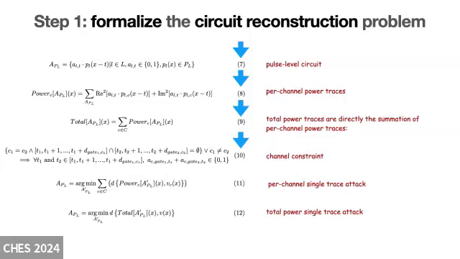This is going to be important when we encode the problem from a given trace. The goal of the per channel attacker is to find the circuit from the set of all circuits that minimizes the distance between the power trace of this circuit and the measured per channel power trace. Similarly, for the total power attacker, we want to minimize the distance between the power trace of this circuit and the measured total power trace.